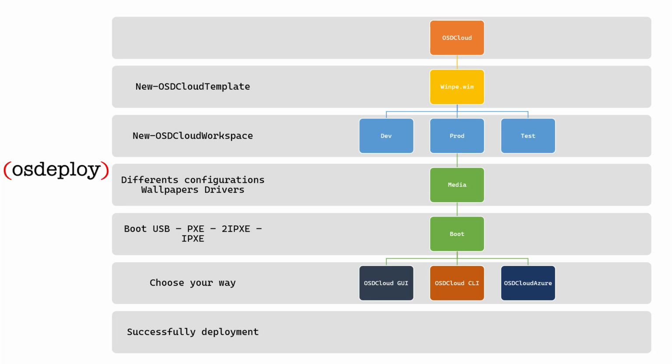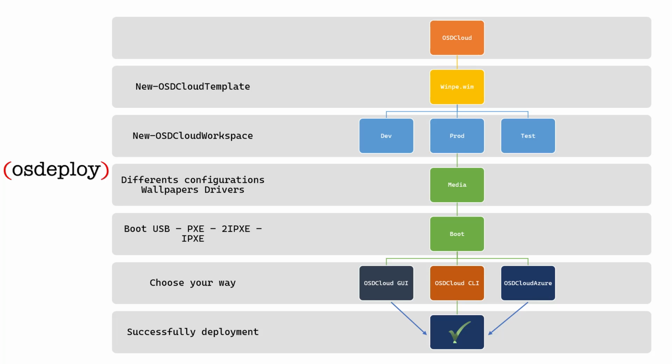In this way, you can only deploy the versions that Microsoft offers. If you want to have some control of your infrastructure and your version of your system, you can use OSDCloud Azure to put on your tenant the version of your operating system you want to deploy. When you have this, you have the best way to have a successful deployment.